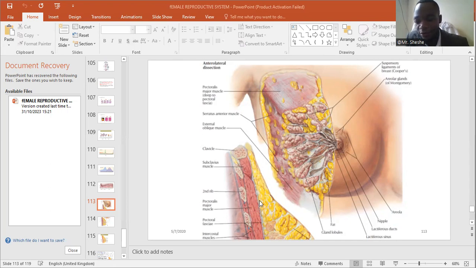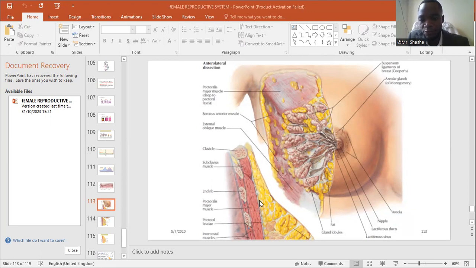Regardless to say, both males and females have breasts, except that in females, the breast tissue, or what you can call the breast organ, is well developed. Okay, the breast tissue is well developed in females because of, number one, the X chromosome, number two, the type of hormones that women produce.